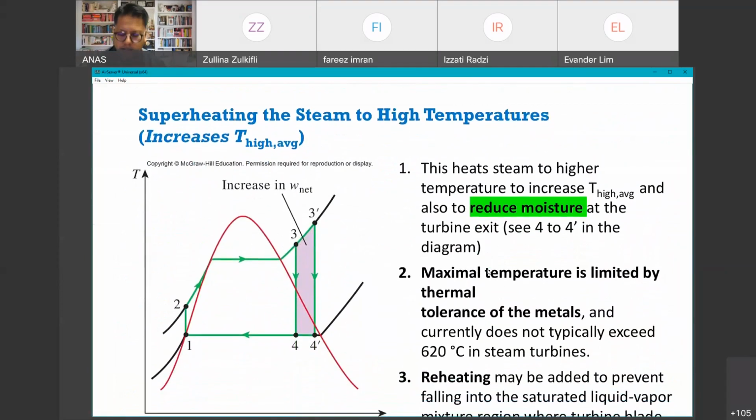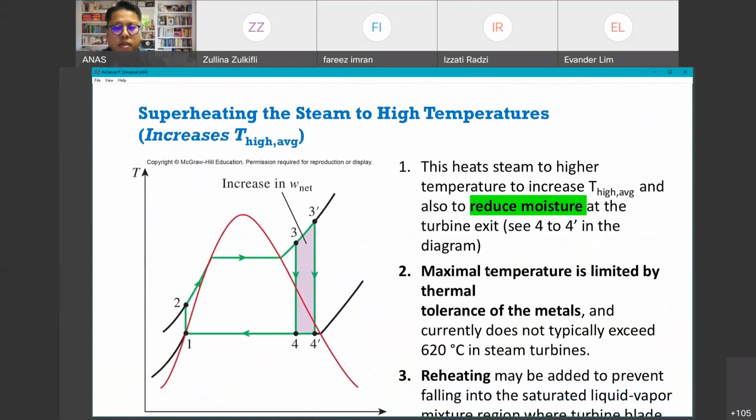All right. The second thing that we can do to help increase the area under the curve is, over here, superheating the steam to a high temperature. So 3 is the original turbine inlet. Now, to increase the area under the curve, we can push it to the right, basically by superheating the steam to a higher temperature.